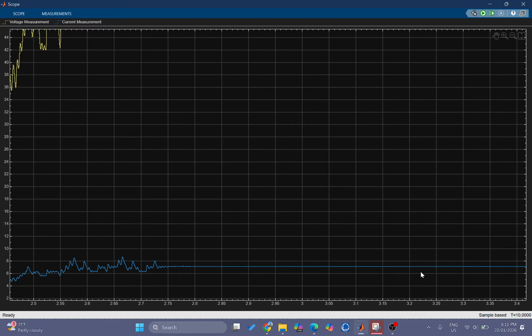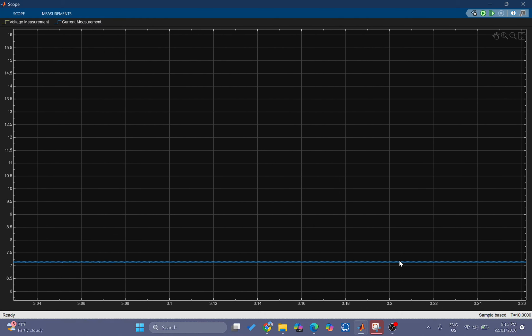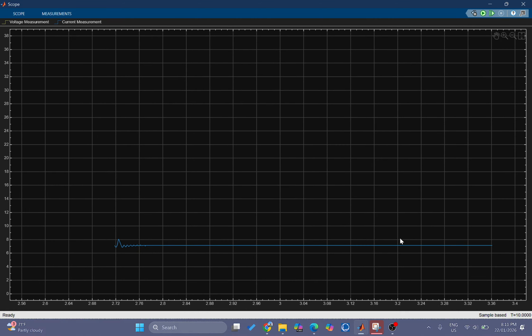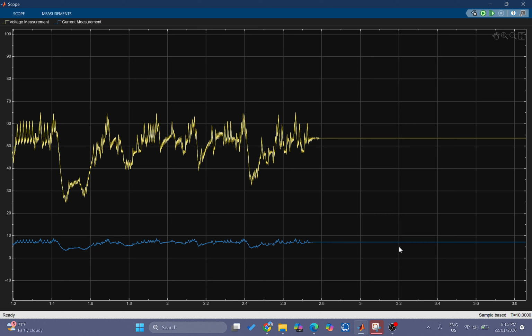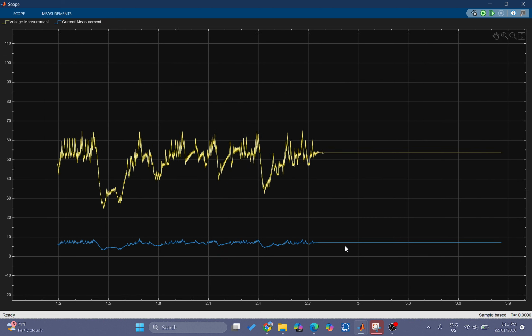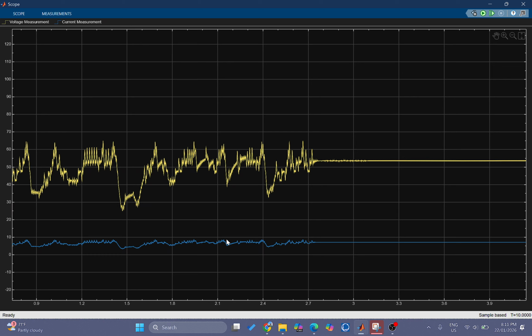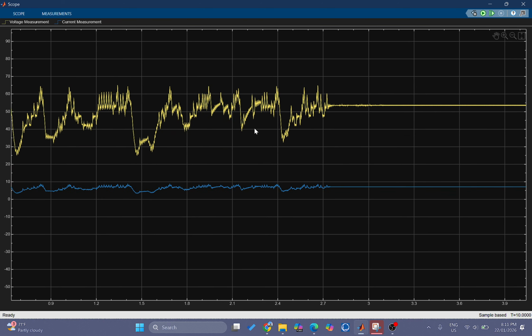Current is also stable, and this behavior confirms a stable closed loop operation and correct implementation of the MPPT algorithm. At starting, there is some oscillation because of the perturbation of the duty cycle.